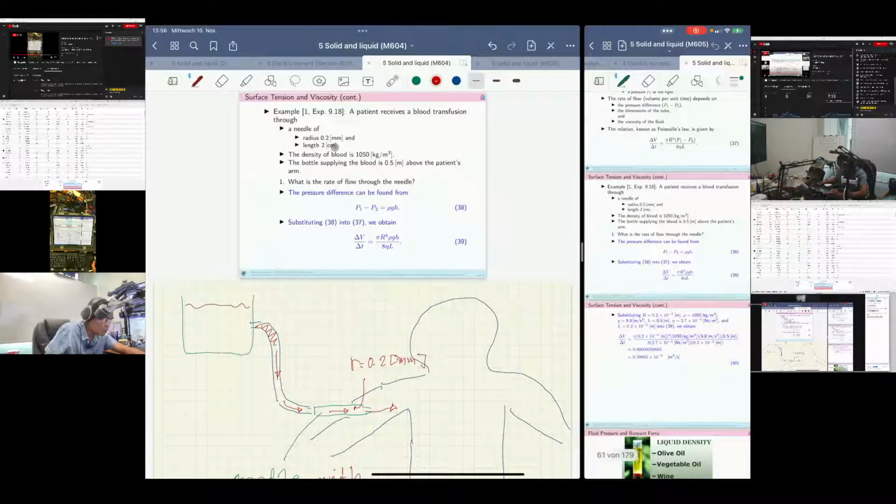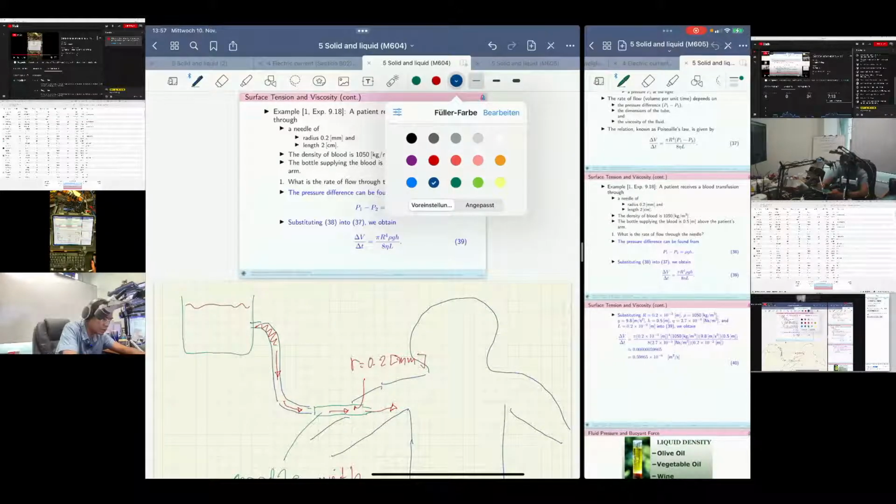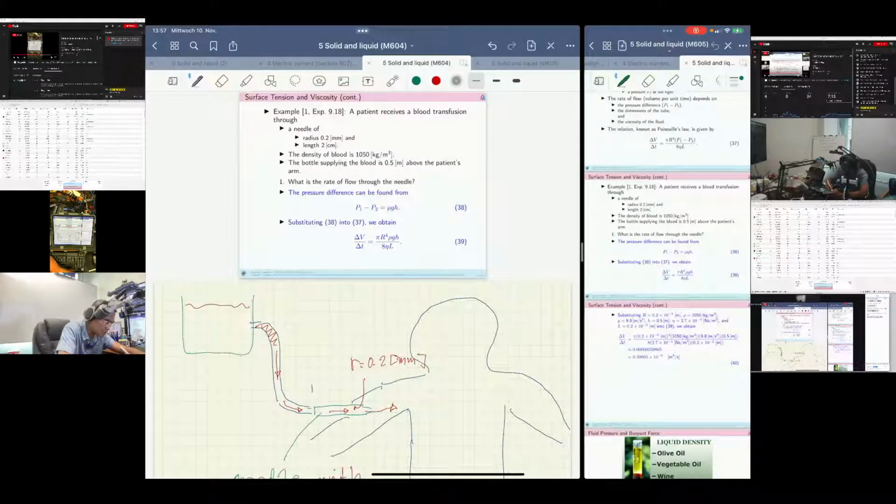The length of the needle is 2 centimeter, not so long. This one till here, it's 2 centimeter, 2 cm.